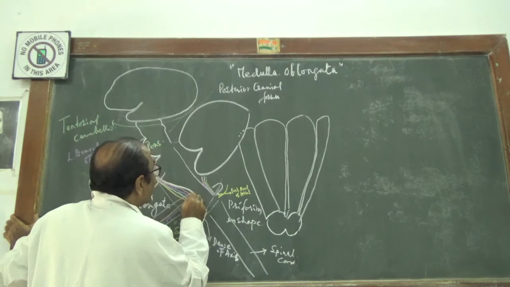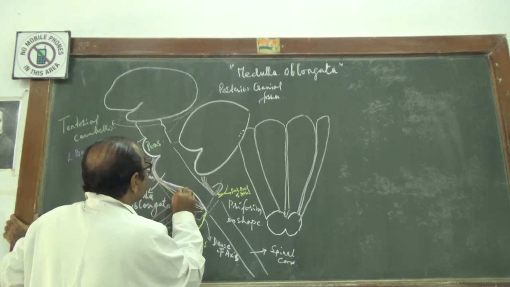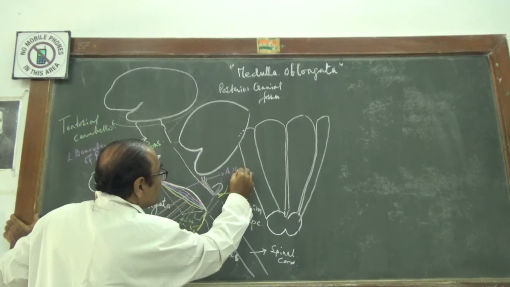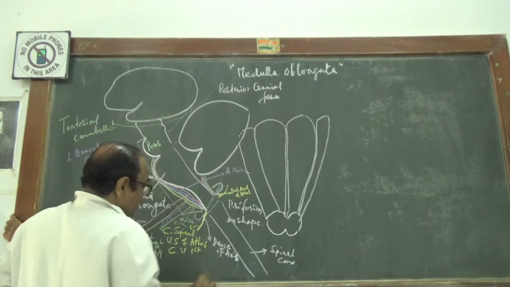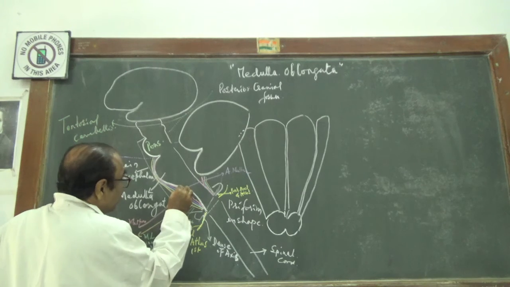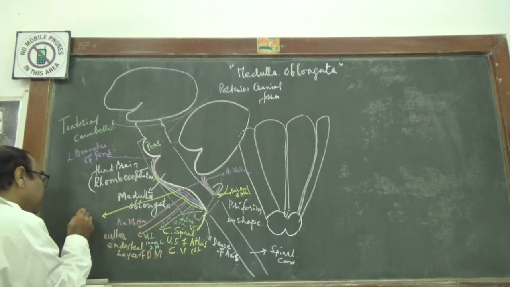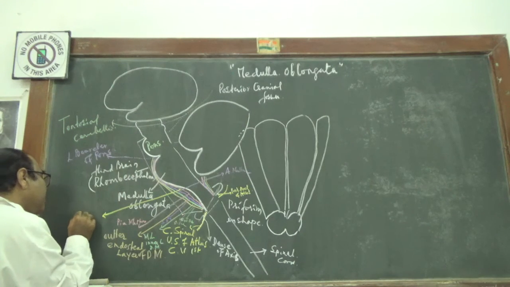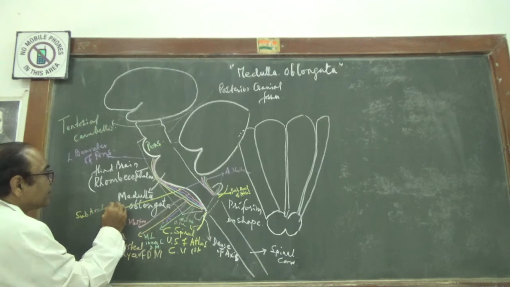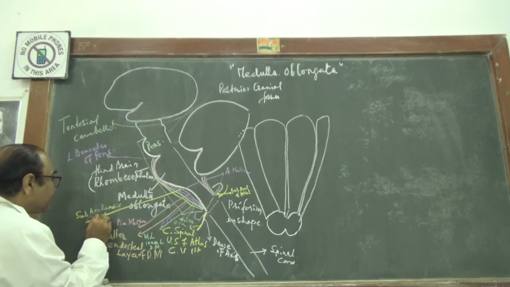This is called the arachnoid mater. Then you will be having a space between the arachnoid and the pia, called the subarachnoid space.